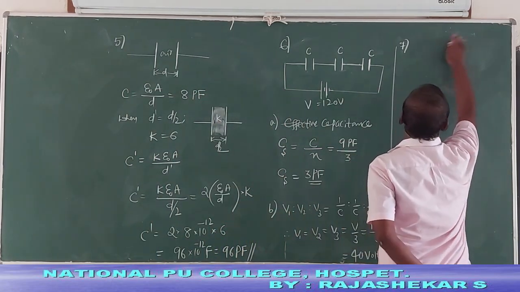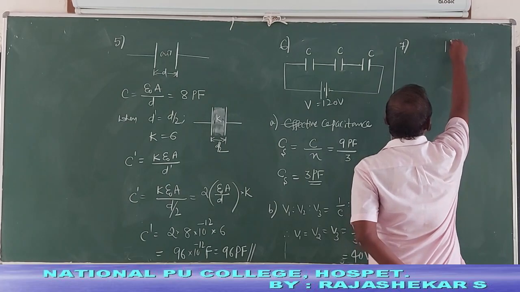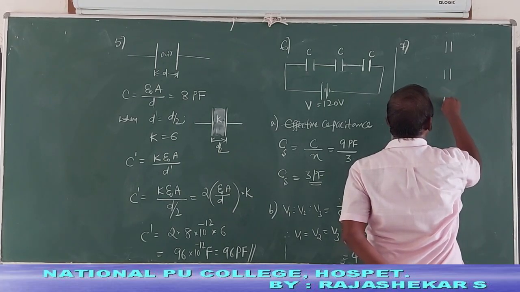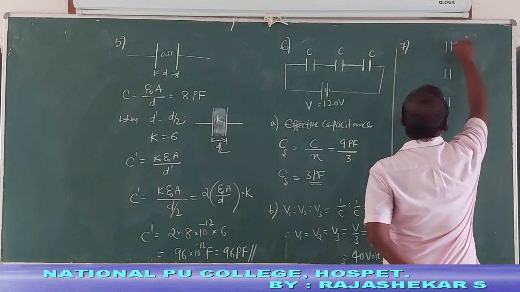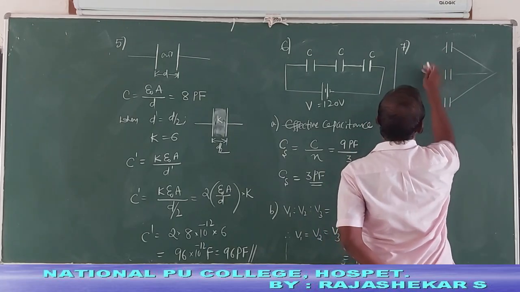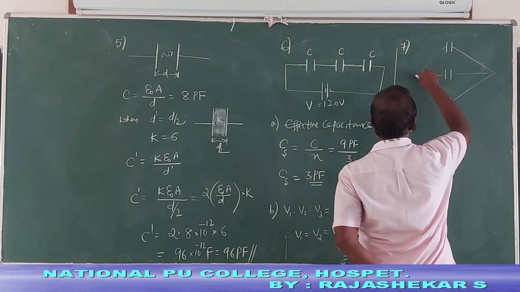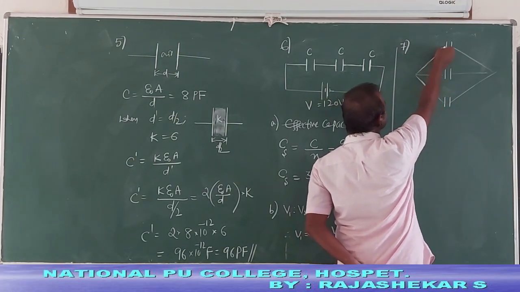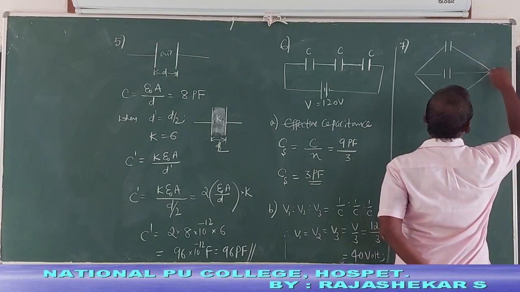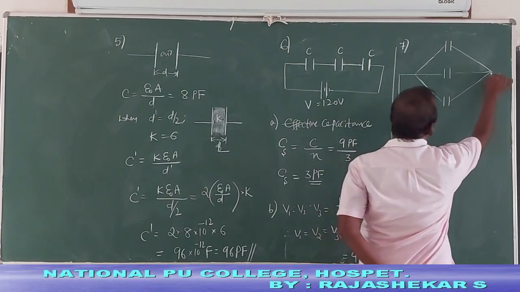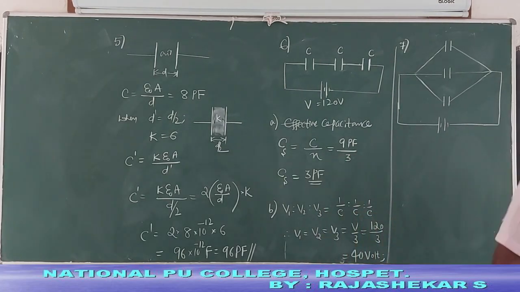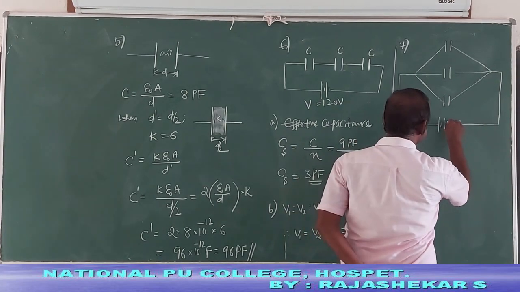Three capacitors are combined in parallel. Here is the battery whose voltage is given as 100 volt, positive polarity, negative polarity.